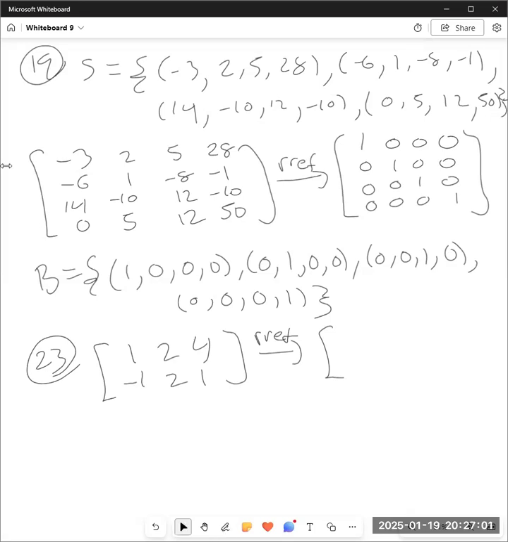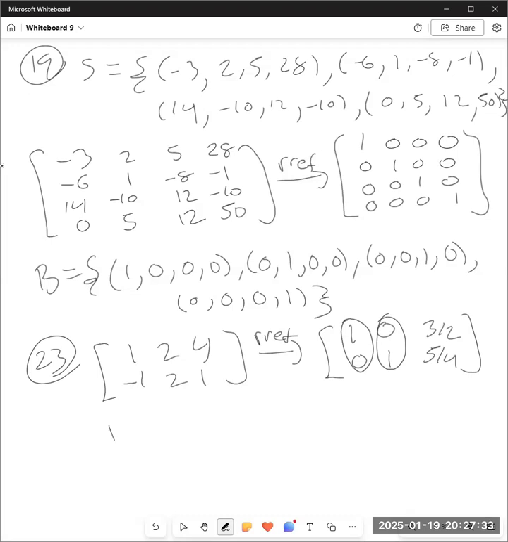So one of the ways that I can find the basis for the column space is what I'm doing right now. 1, 0, 3/2, 0, 1, 5/4. Now look at these column vectors here that have ones in the positions where they should, but I'm going to ignore the ones that don't.